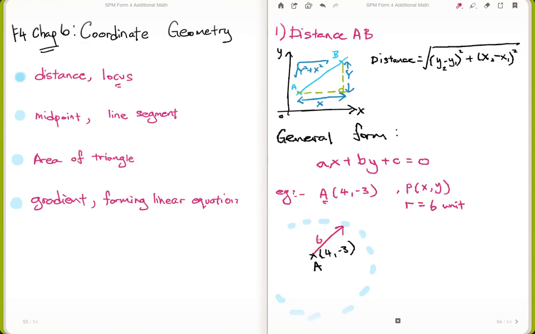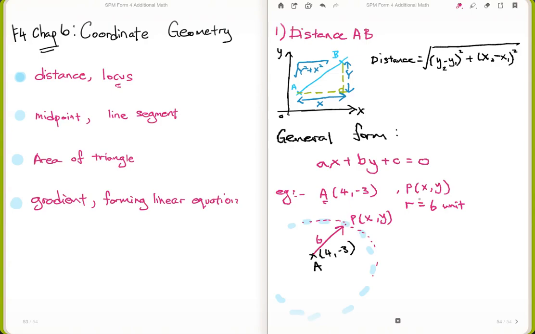Any point around here is always 6, meaning it's a circle. So I would say this P(x, y) goes around this fixed point (4, -3). This kind of question is rather straightforward.